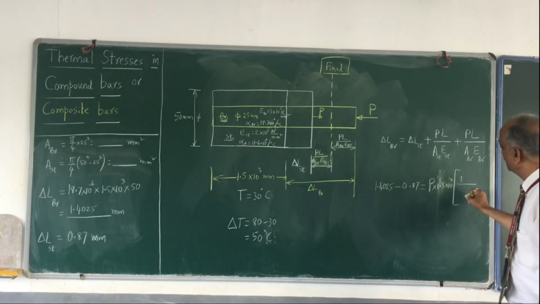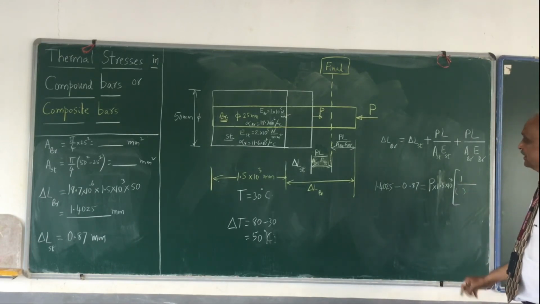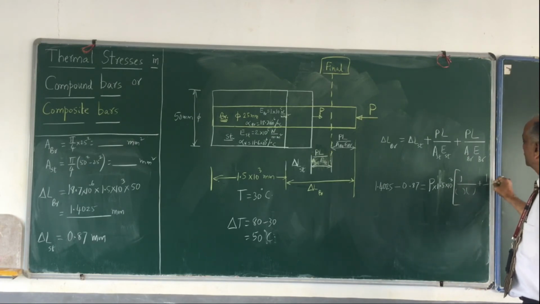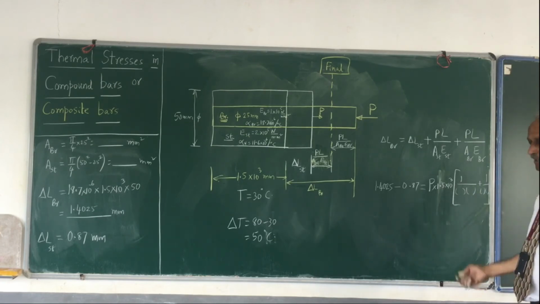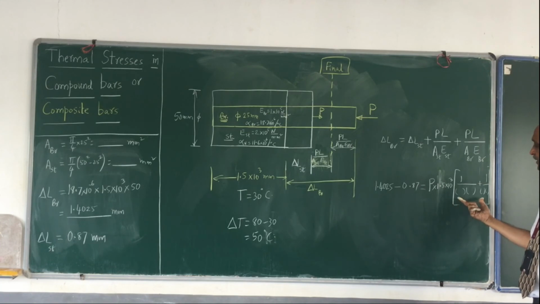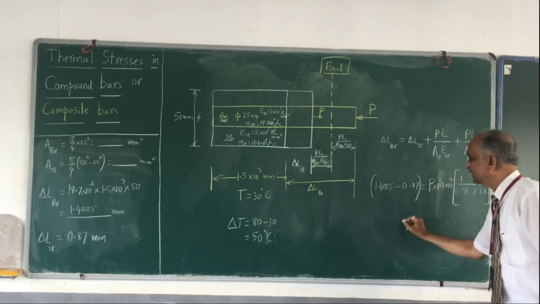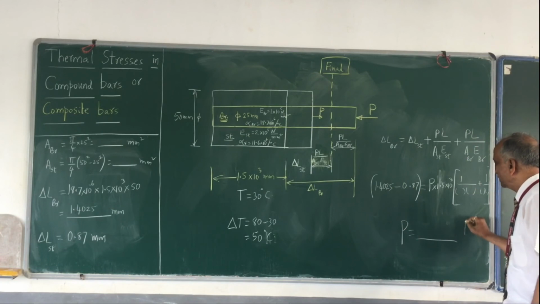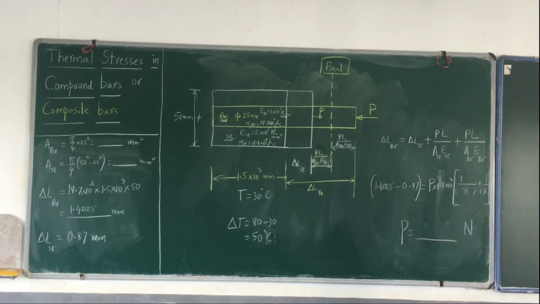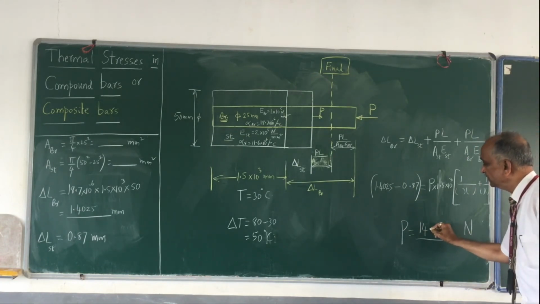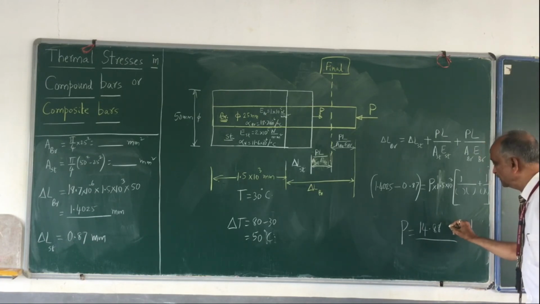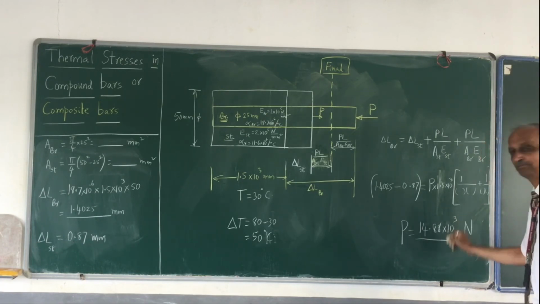You have done it, you know the value, and you also know EST. The whole thing is known. Then multiply by 1.5 into 10 raised to 3, bring it to the left hand side, simplify here, and then calculate the value of P. This is so many newtons, 14.88 into 10 raised to 3, kilonewton.